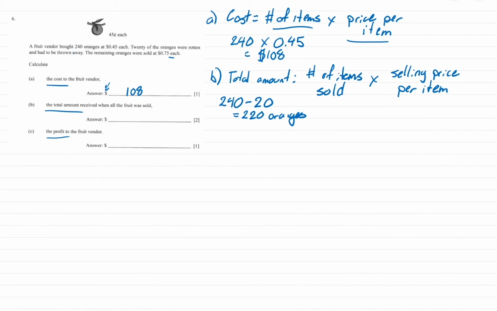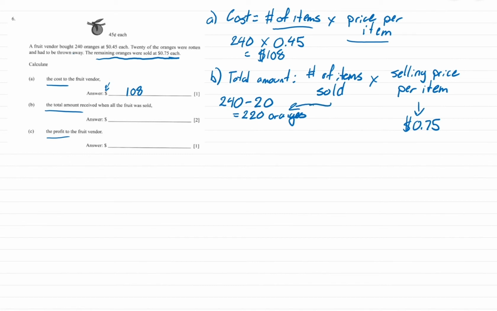That's how many oranges we have left now. And the question says the remaining oranges were sold at 75 cents each. So our selling price is going to be 75 cents, and the number of items we're selling is just going to be 220.